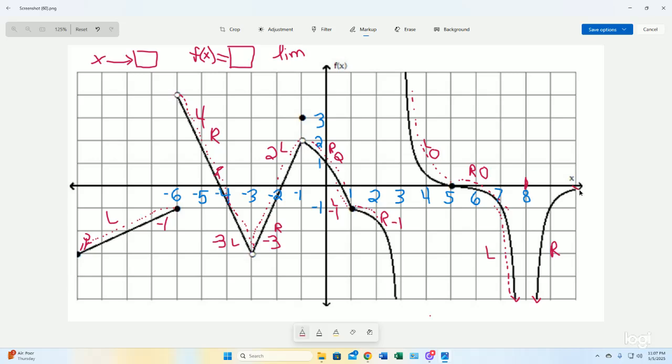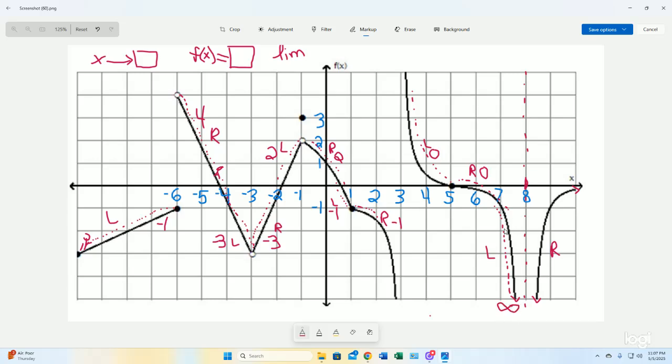As I approach this value, I never really get to it, because we actually have something called a vertical asymptote at this value. And we know by past experience, you can never cross a vertical asymptote. It just goes on forever. So technically, I'm going down forever. Well, we have a notation for that. That's called infinity.